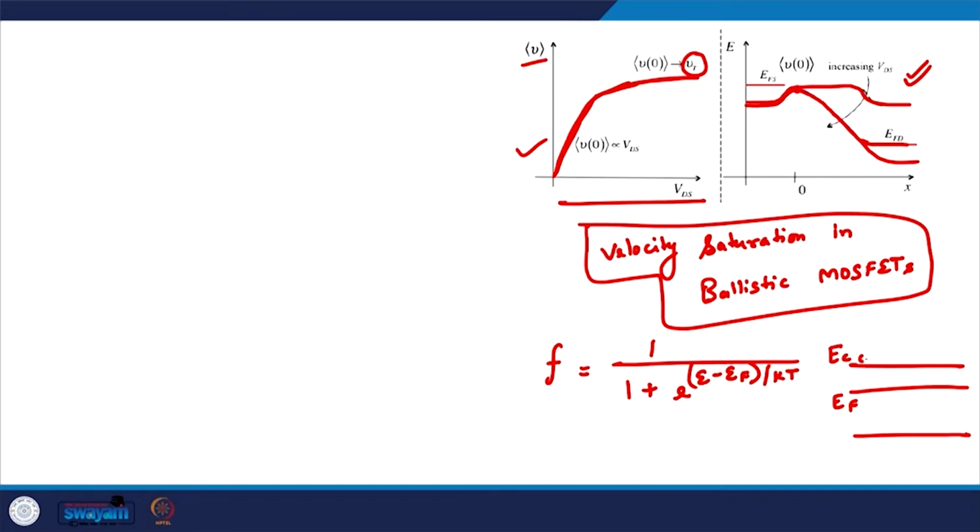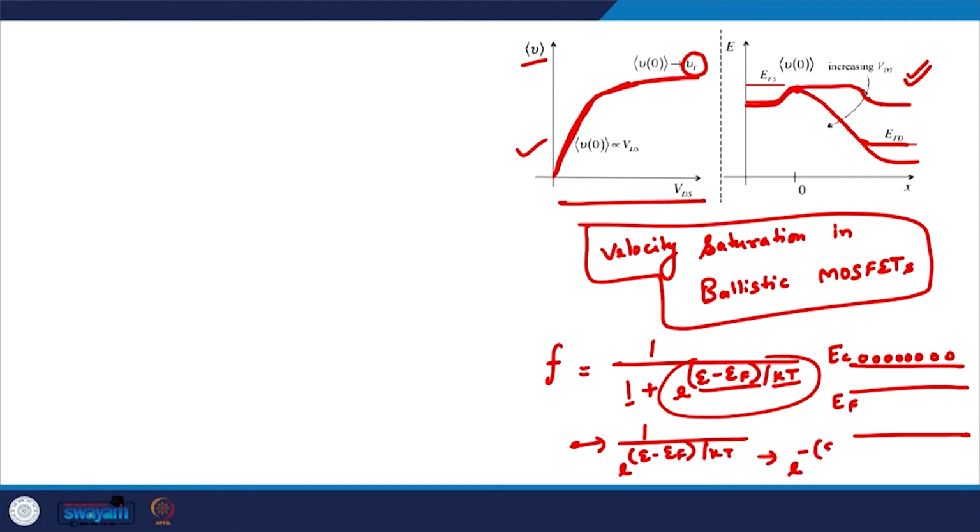So for the electrons sitting in the conduction band, this quantity E minus EF is multiple KT. So the exponential term becomes larger compared to 1, and ultimately this can be approximated by removing the 1 from the denominator. So it becomes exponential of minus (E minus EF) by KT, and this is the Maxwell-Boltzmann distribution.